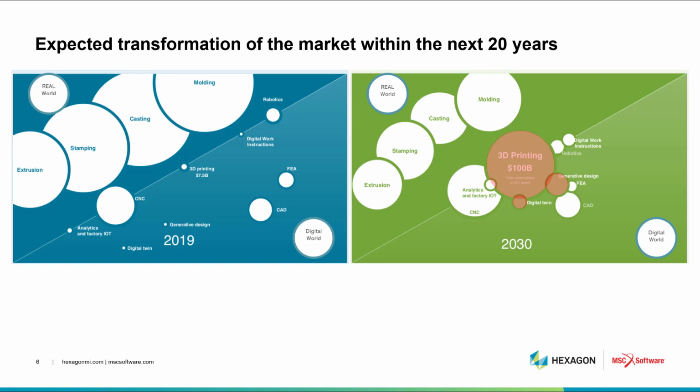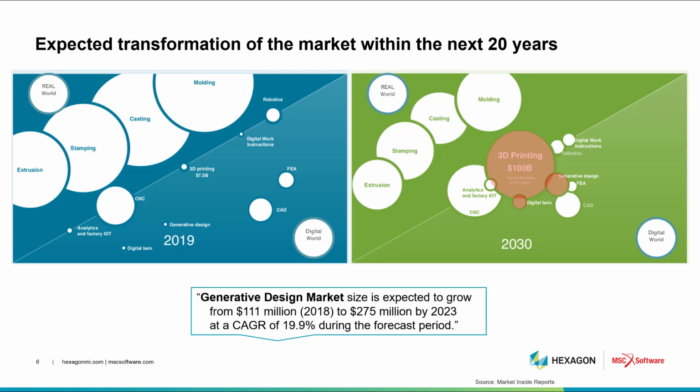And one very important point of this is generative design, because generative design works fully in the digital world, but it takes care of what happens in the real world, and thus is boosting 3D printing, and both together get really a benefit for the customer.